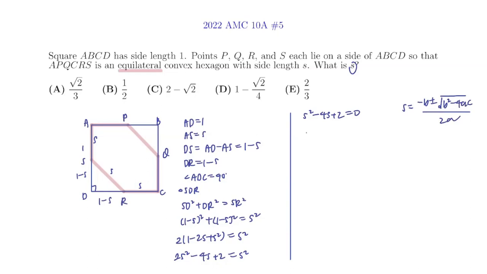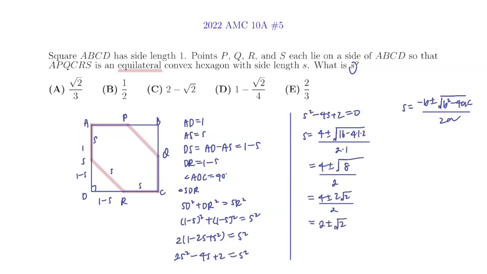Plugging that in, S is equal to 4 plus or minus square root of negative 4 squared, which is 16, minus 4 times 1 times 2, all over 2 times 1. This gives us 4 plus or minus square root of 16 minus 8, which is 8, over 2. Simplifying a bit more, we arrive at 4 plus or minus 2 root 2 over 2, and that is equivalent to 2 plus or minus root 2.